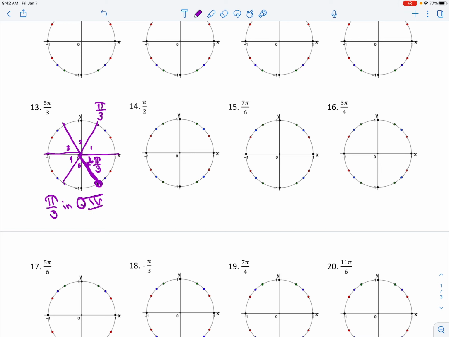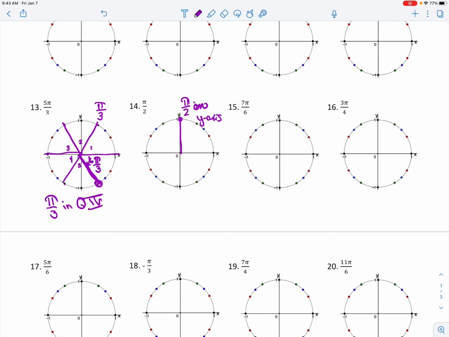If it's something like pi over 2, we found that was this angle, it's not going to make an angle with the x-axis, so we're going to just say that this is a pi over 2 on the y-axis. Those quadrantal angles will just be on an axis.